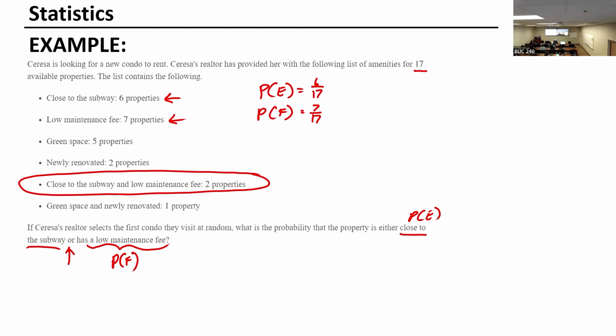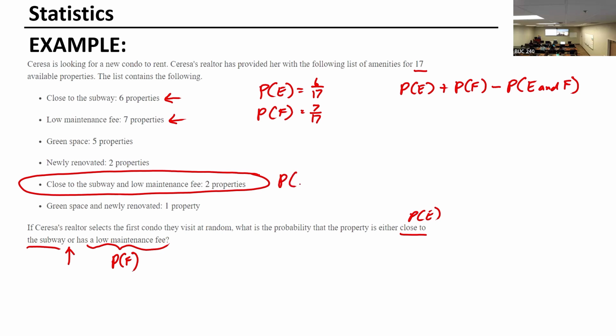So when I'm looking for this probability, remember the rule: it's the probability of E plus the probability of F minus the probability of E and F. Where do they intersect?